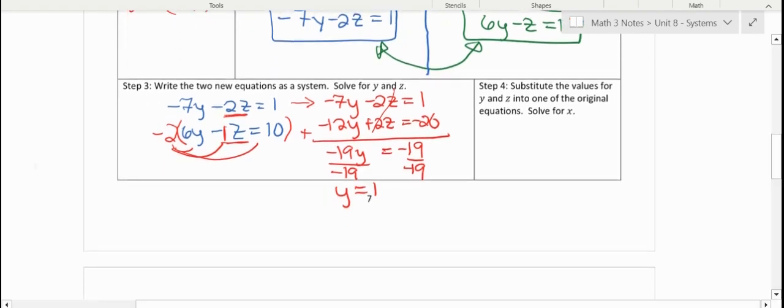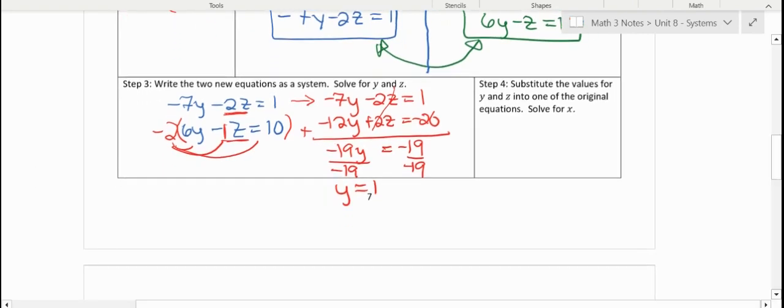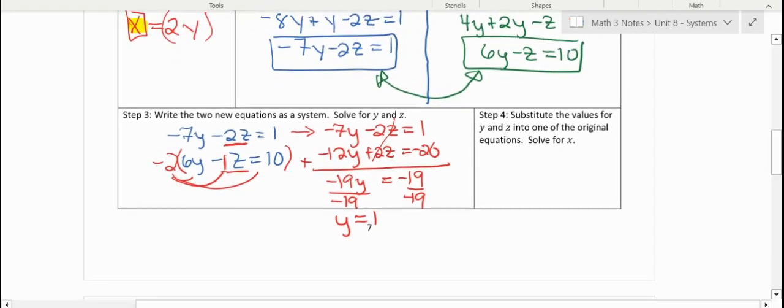Now I can substitute the values in to figure it all out. So I have my y. I'm going to put y back into any equation I like. Maybe I'll do this one down here: 6y minus z equals 10. I'm going to replace that y with a 1.